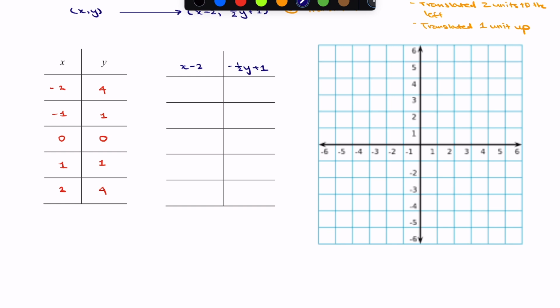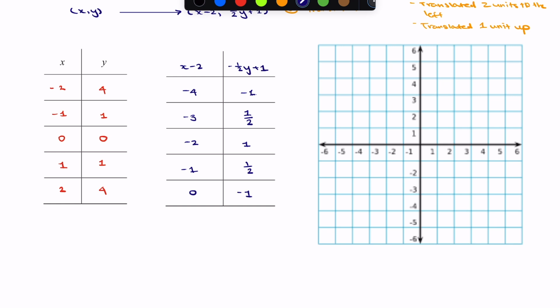And so here, we're going to subtract 2 from all of our x values. So we have -4, -3, -2, -1, and 0. For our y values, we'll multiply by -1/2, and then add 1. So here, we're going to get -1, 1 over 2, 1, 1 over 2, and -1.